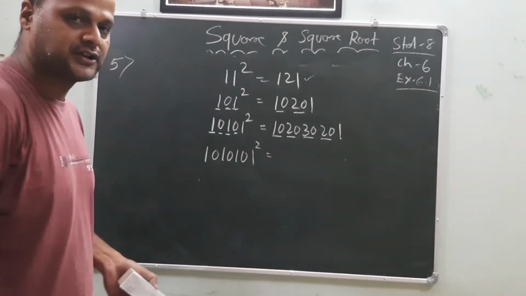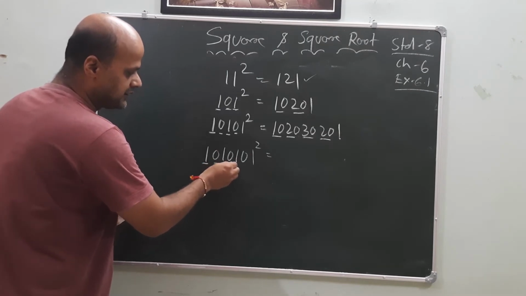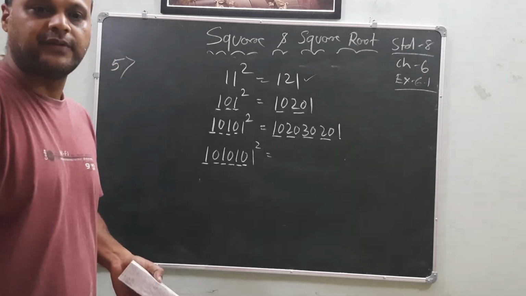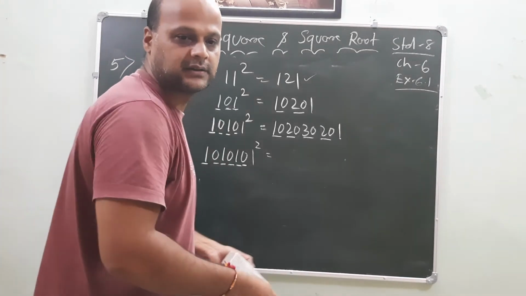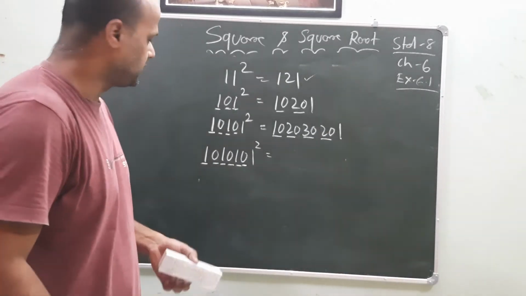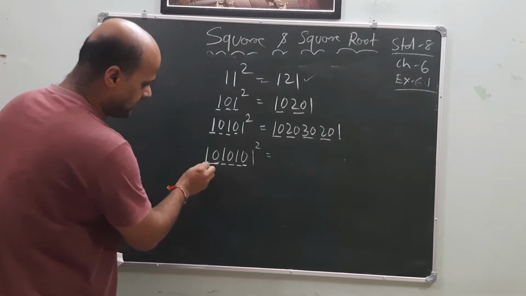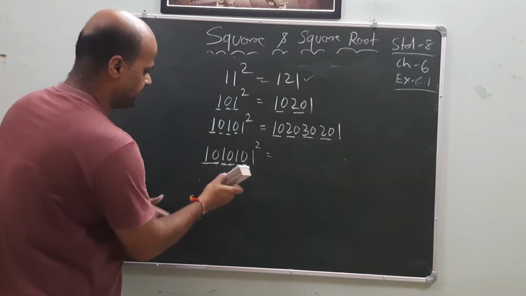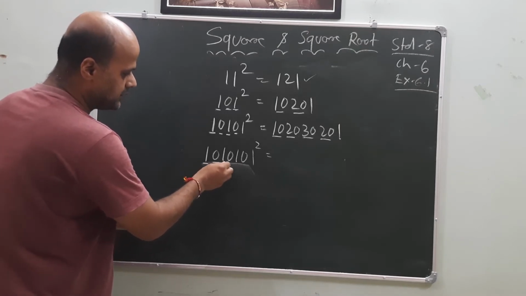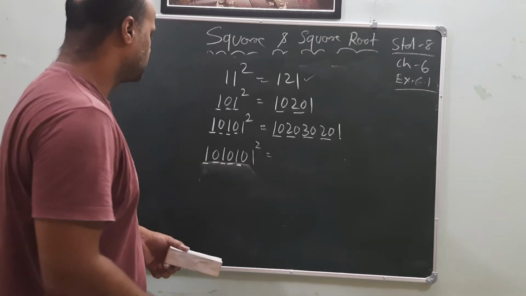Understood? Next one is what? Next one, 1 will be kept. 1, 2, 3, 4, 5 it is there. Okay, some mistakes are going on.